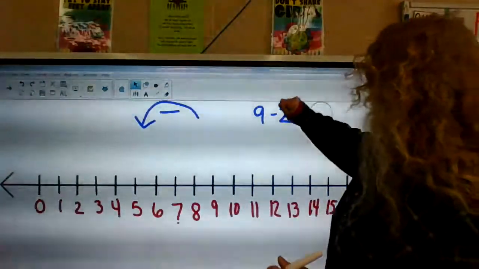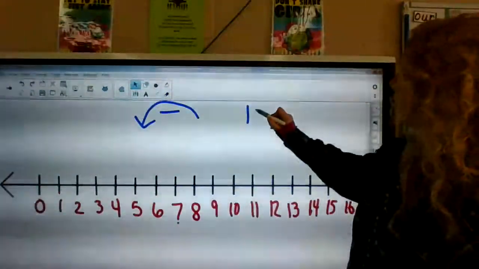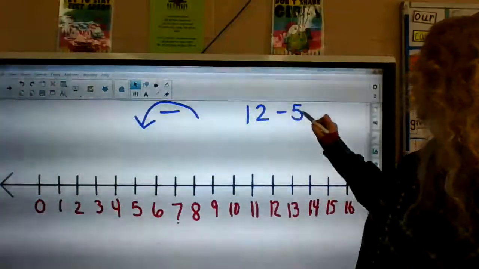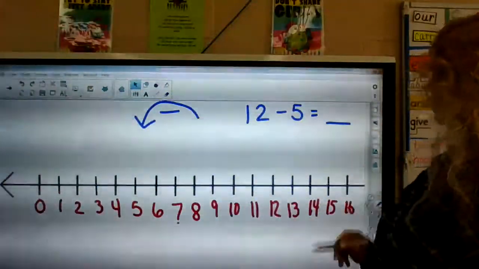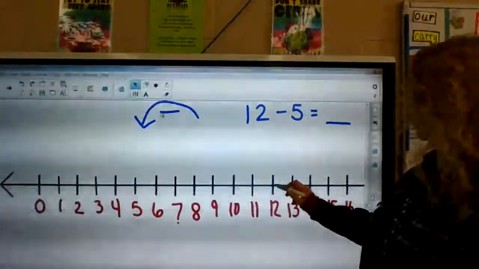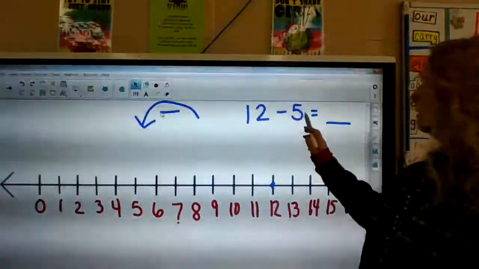So let's try a bigger number. Let's do 12 minus 5 equals. Okay, so where would we start? On the 12. And how many hops will we take backwards? 5, right.